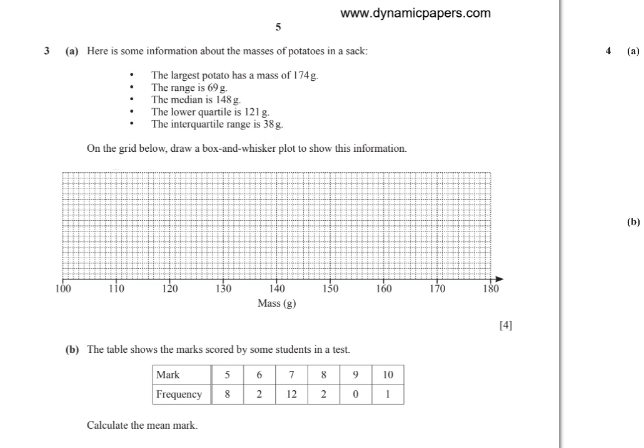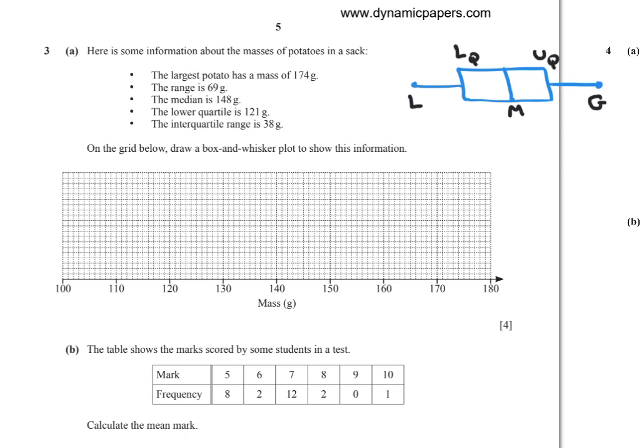On the grid below, draw a box and whisker plot to show this information. We need 5 values to draw: the least value, the greatest value, the median, the lower quartile, and the upper quartile.